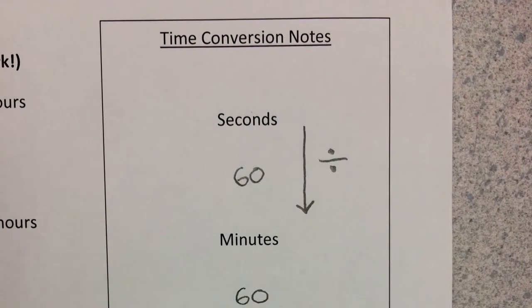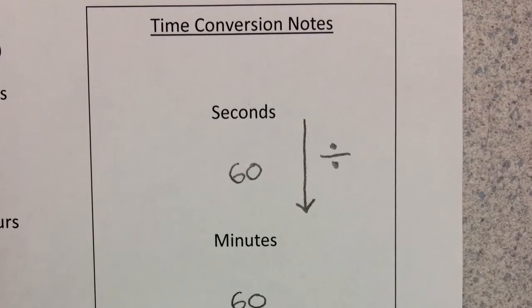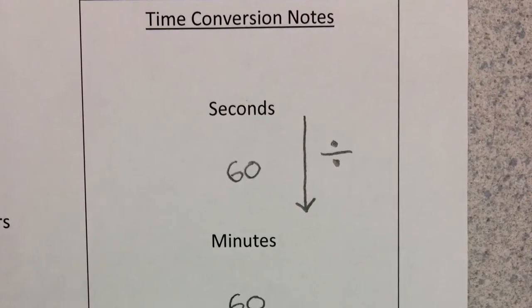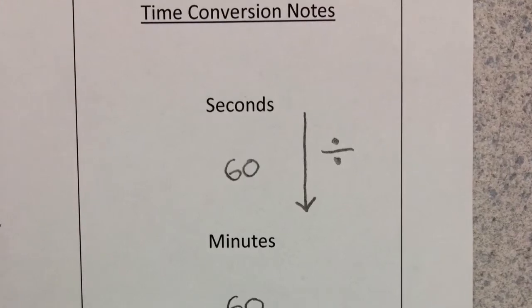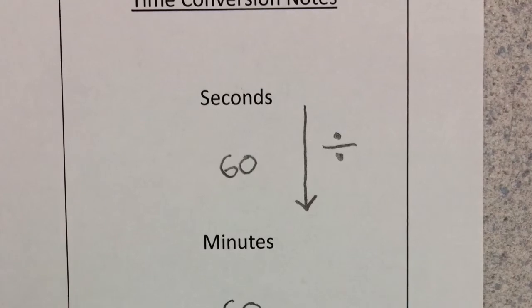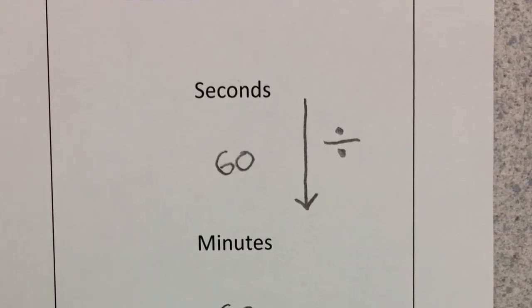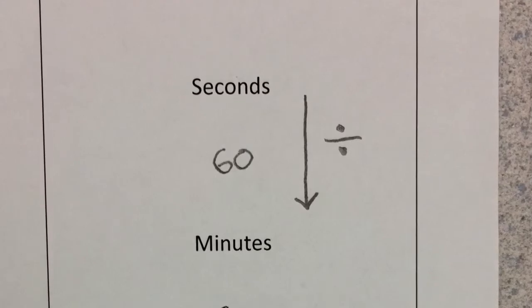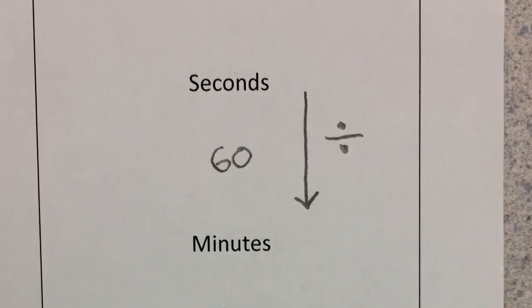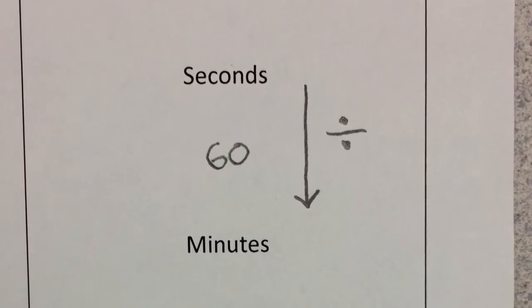So as we move down this ladder, if we want to convert seconds into some portion of a minute, like 1 second is a very small fraction, a very small decimal unit of a minute, we are going to divide. So on your paper, I want you to write, just like you're seeing here, an arrow going down, that as you move down this ladder, you are actually dividing.